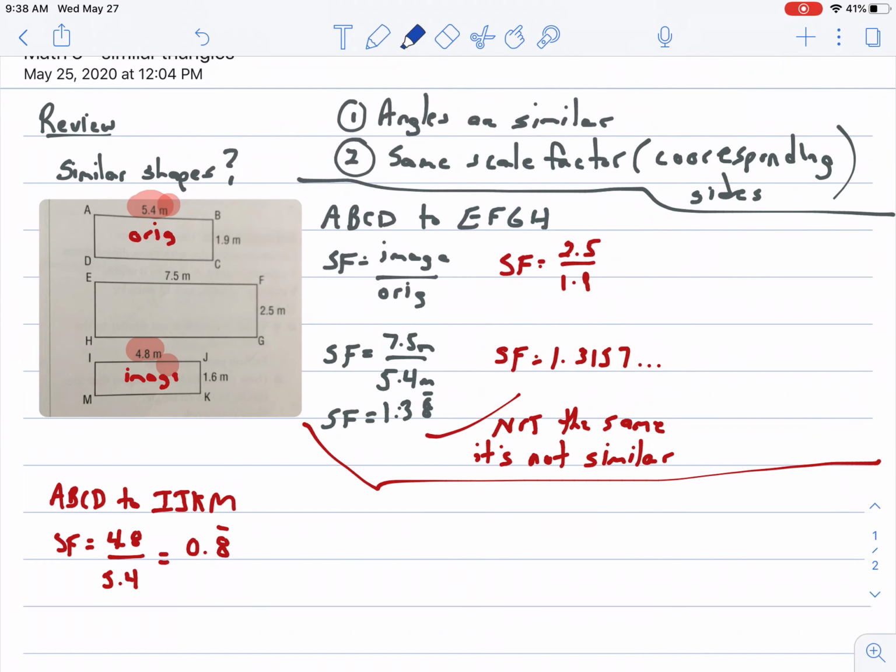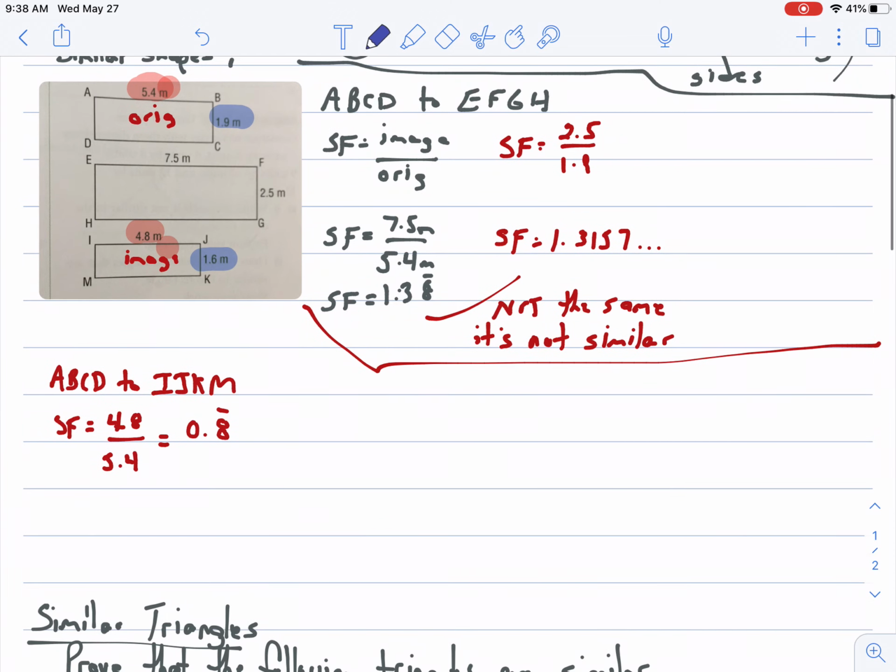So again, I'm looking at my side lengths, my shorter side this time, and I'm trying to find my scale factor, trying to match up my colors here. So again, scale factor is simply going to be image over original. In this case, my image is 1.6. My original is 1.9.